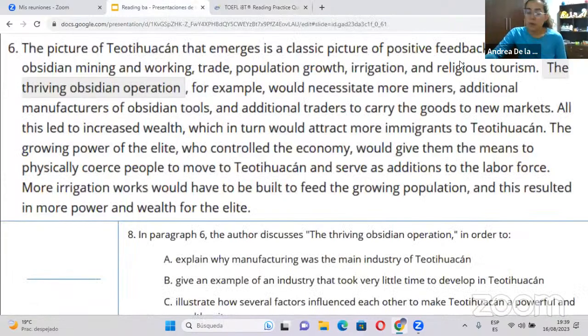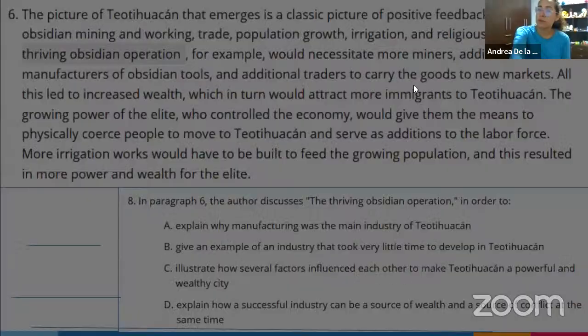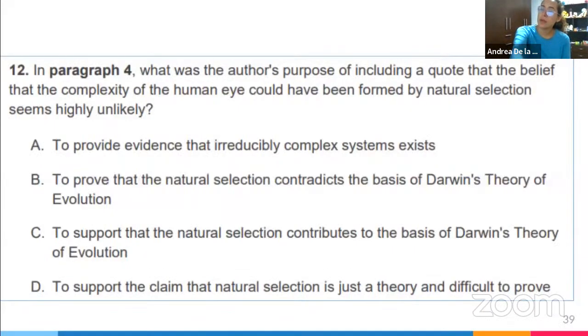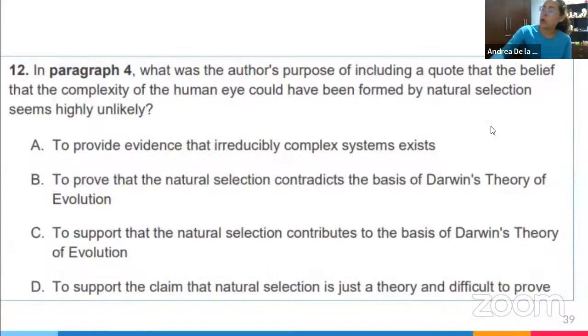So I want you to answer this other question, which is about a text related to Charles Darwin's theory of evolution. Maybe, Rosario, can you please read the question?